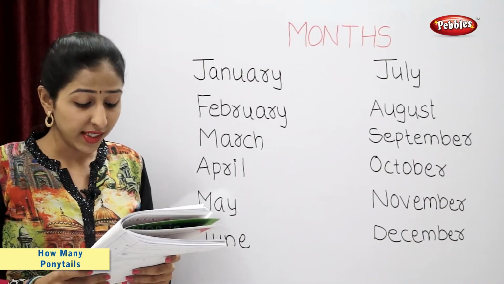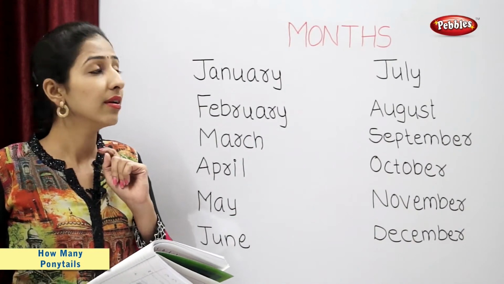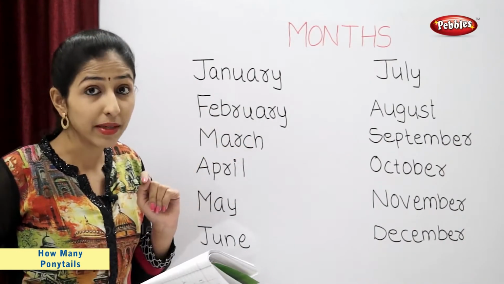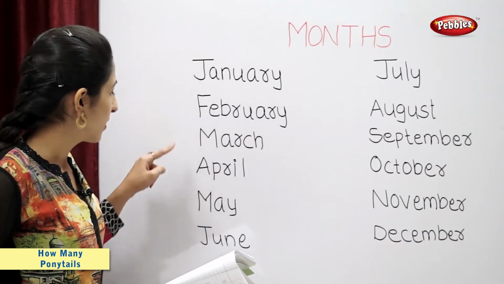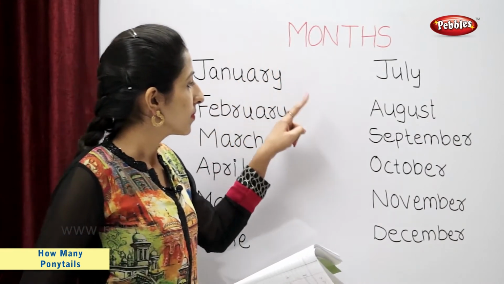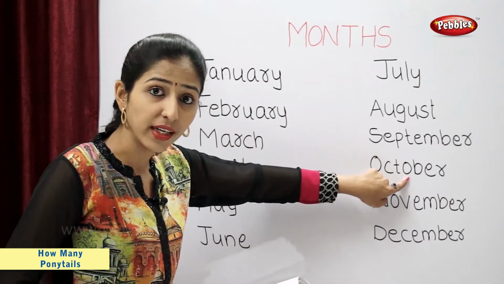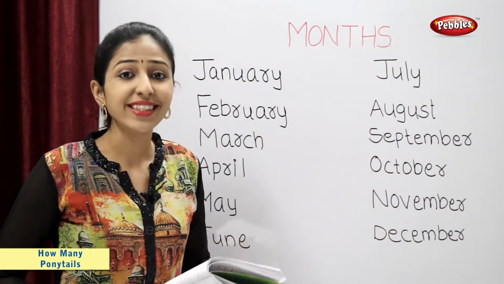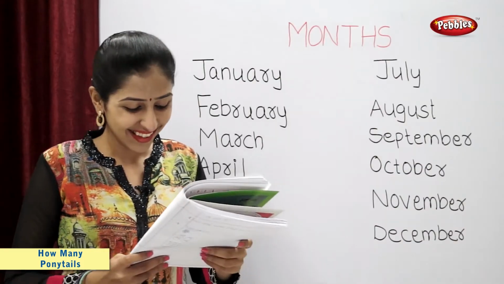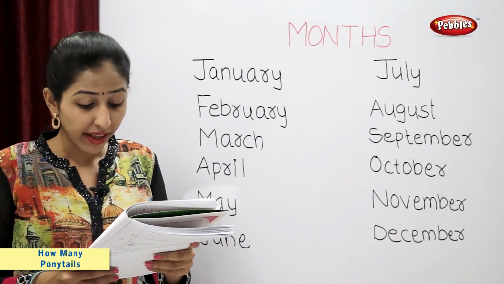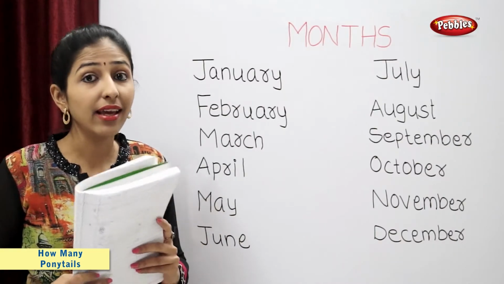Now tell me, students, how many months start with letter O? Look and tell me. O. Month October. So there is 1 month starting with letter O. How many months start with letter A?